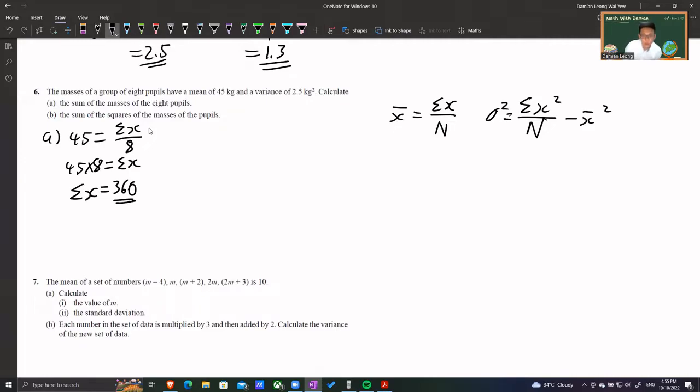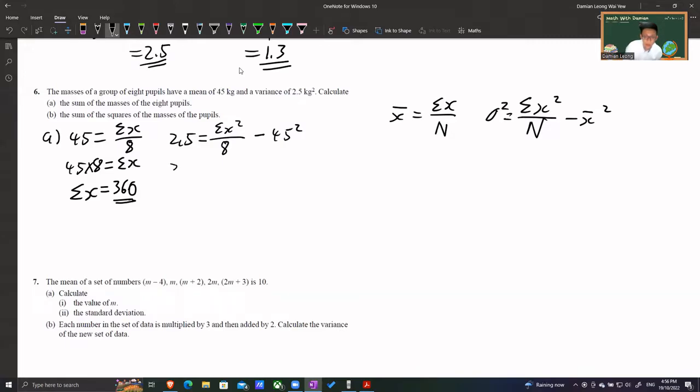Sum of the square of the masses, so sum of x squared. So use the variance formula, 2.5 equals sum of values square over n, number of values, which is 8, minus mean square. Mean is given 45.